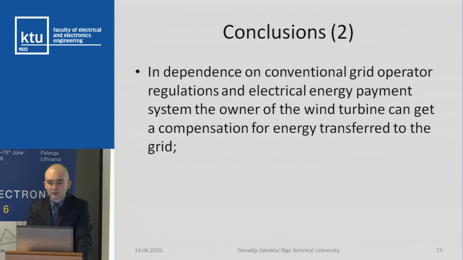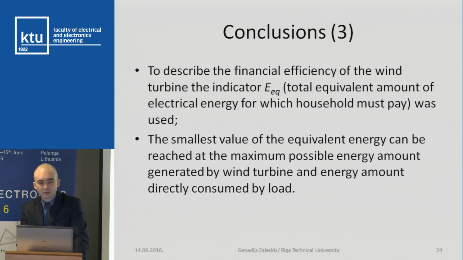Depending on conventional grid operator regulations and the electric energy payment system, the owner of the wind turbine can get a compensation for energy transferred to the grid. But to describe the financial efficiency of the wind turbine, the indicator E equivalent was used. The smallest value of the equivalent energy can be reached at the maximum possible energy amount generated by the wind turbine and energy amount directly consumed by the load.